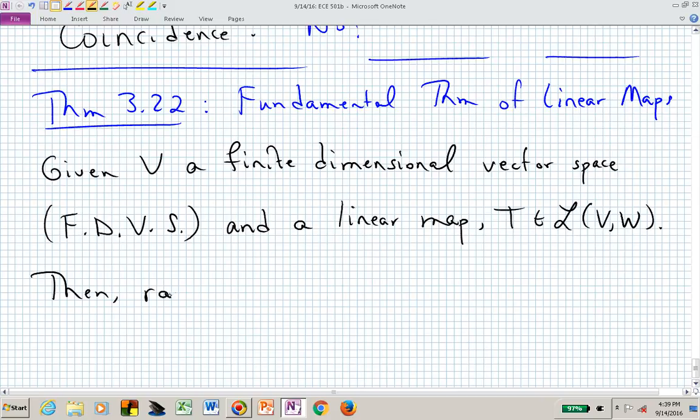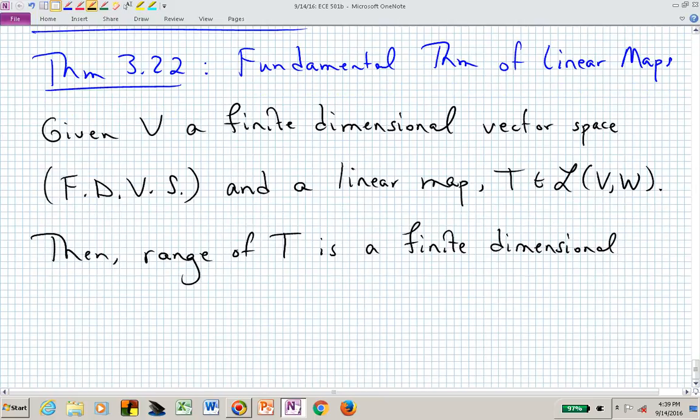then the range of T, the range of our linear map, is a finite dimensional vector space, or actually subspace.